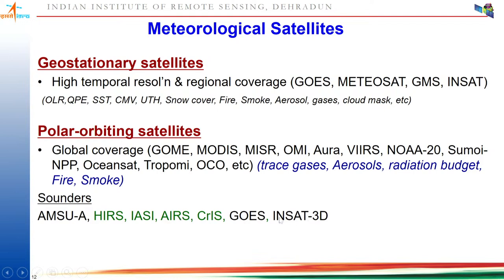In Insat-3D we have a 19 channel sounder. In AIRS we have more than 2000 channels, and in IASI we have around 8000 plus channels, for measurement of high vertical resolution profiling. So these are optical, hyperspectral or microwave sounders for different purposes.